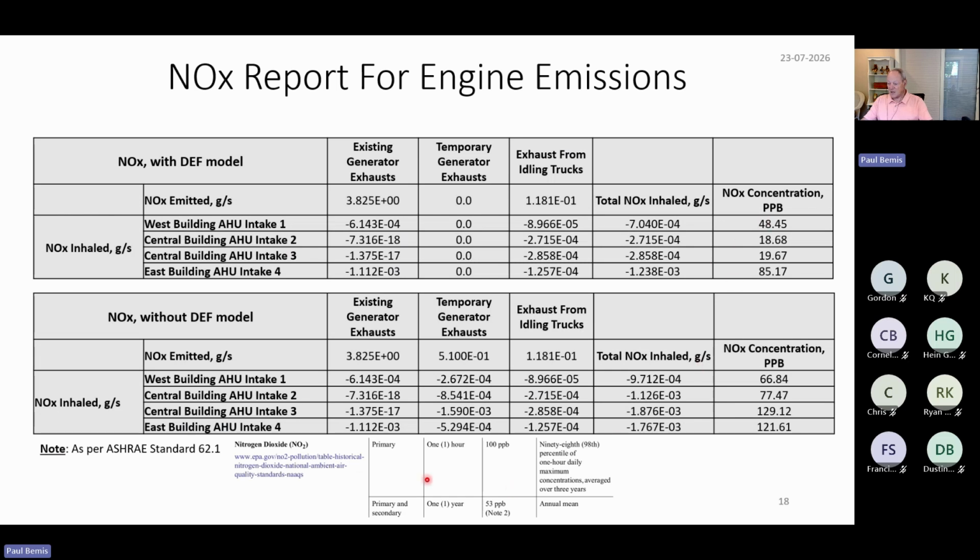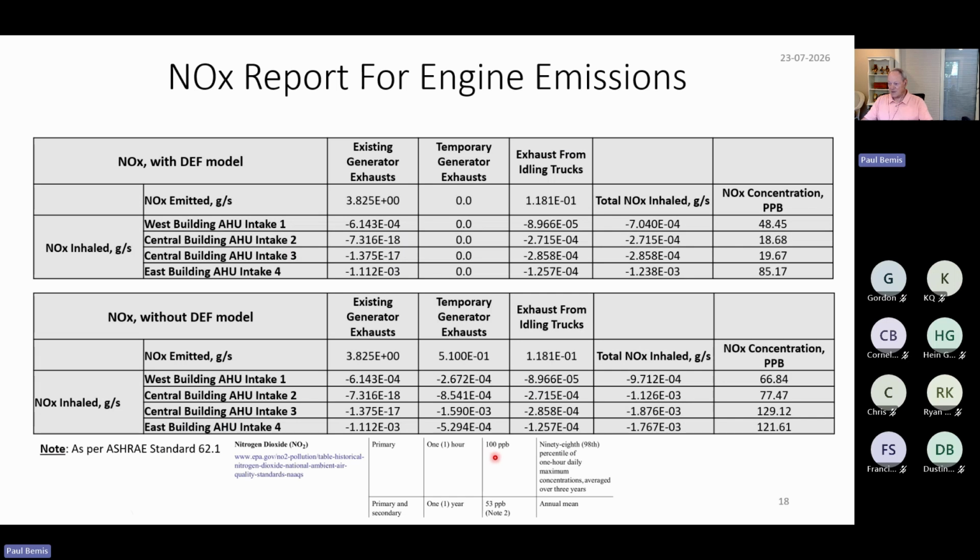We compare this against the ASHRAE 62.1 standard, which says that within a 1 hour period, there shall be no more than 100 parts per billion for concentration, the 1 hour daily maximum concentration. And you can see here that we're in pretty good shape on that.